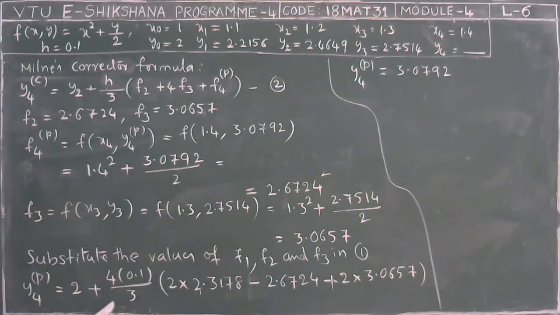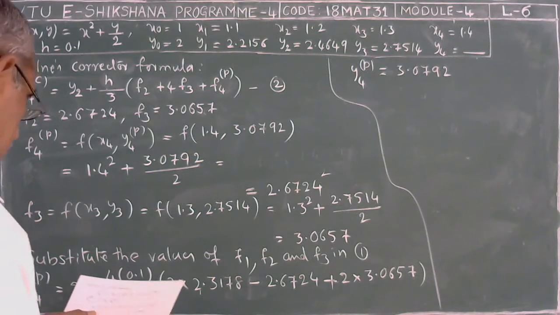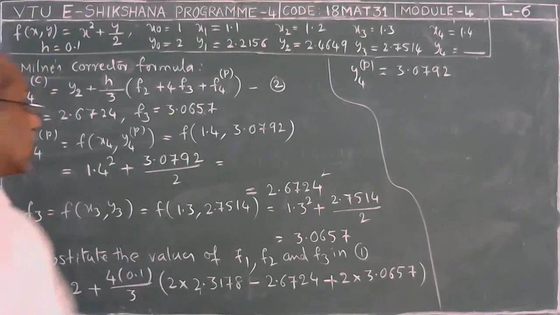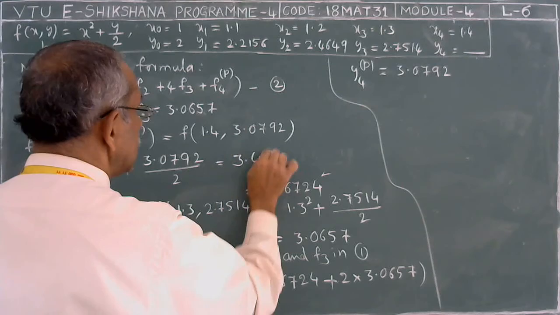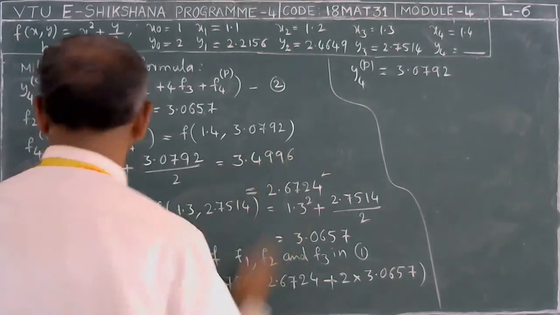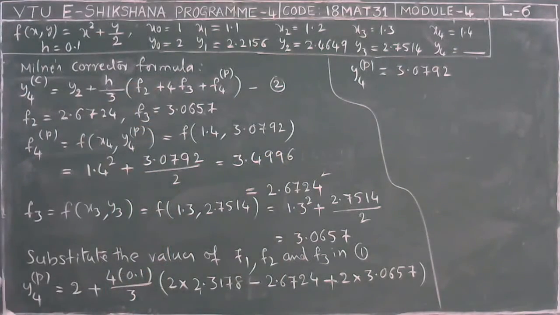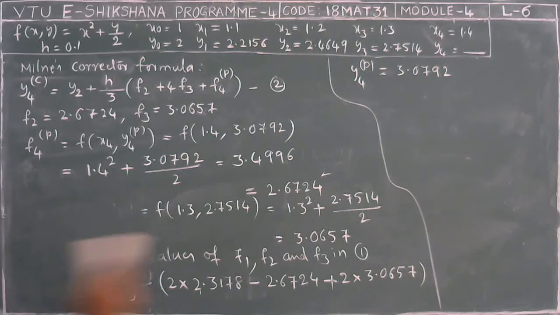If you carefully calculate this value, your f4p will be 3.4996.